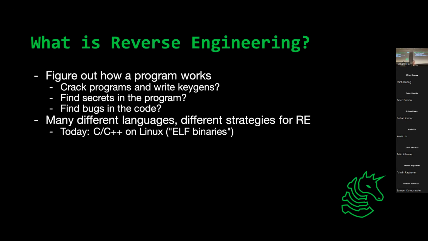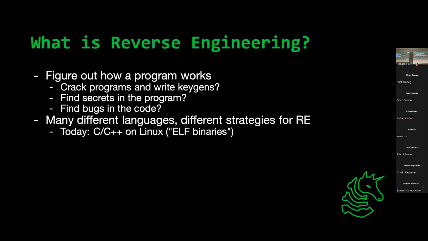So what is reverse engineering? In short, it's figuring out how a program works and trying to mess with it by, for example, writing keygens for password checkers or finding secrets in the program. Sometimes they're just hidden constants, or other times you might want to find bugs in the code. These are all goals of reverse engineering.